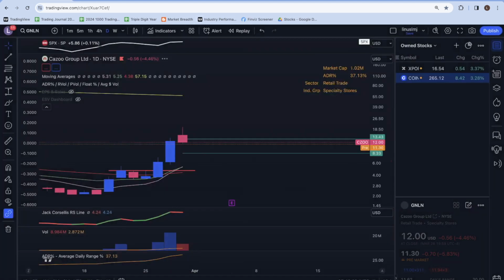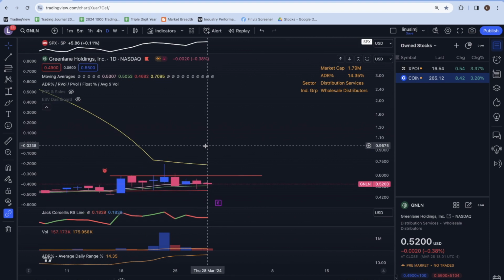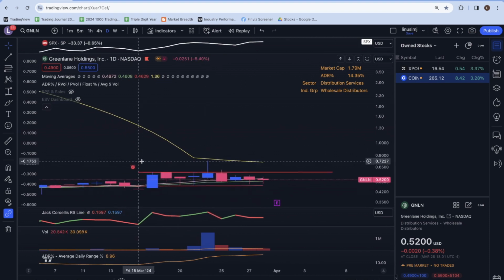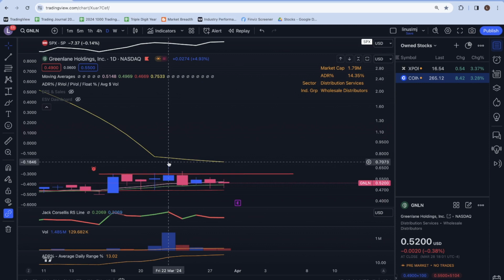So this was GNLN. There are multiple reasons why this trade did not work out, and I really studied it. Firstly, whenever a stock puts in a very long upper wick, the breakout immediately after that tends to fail.